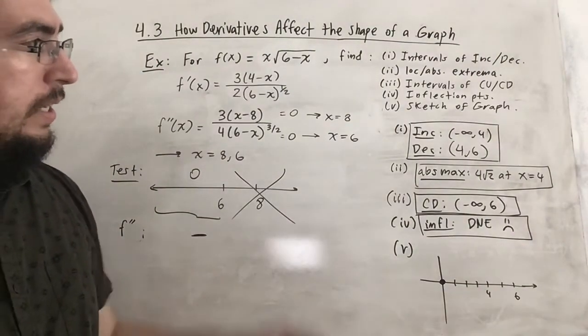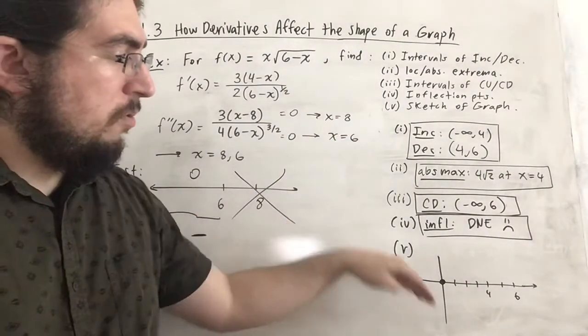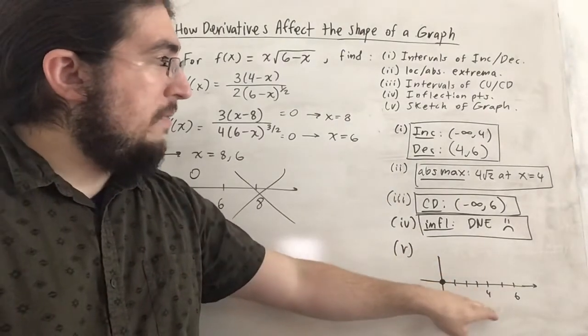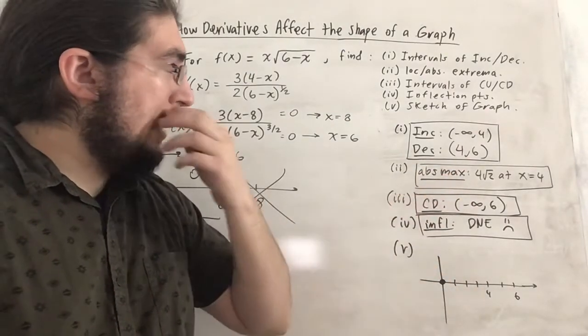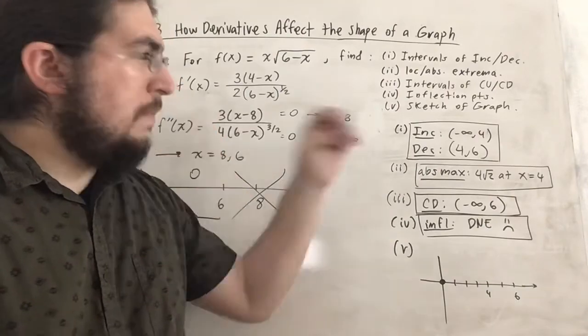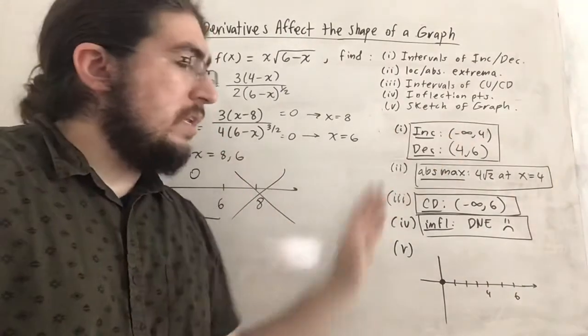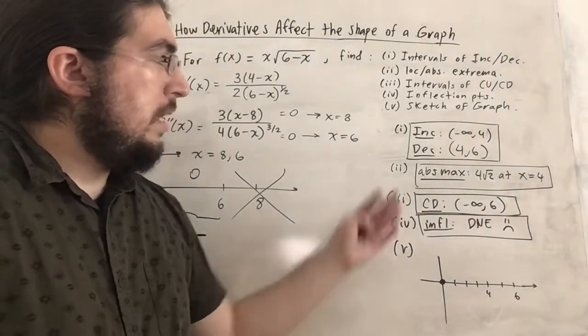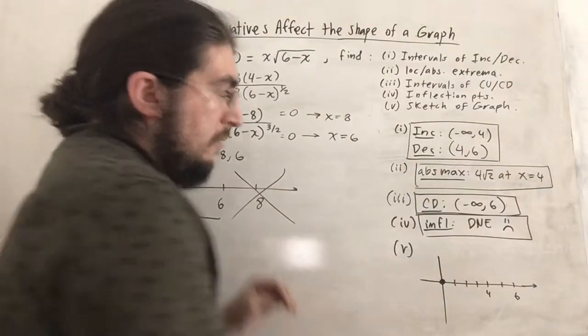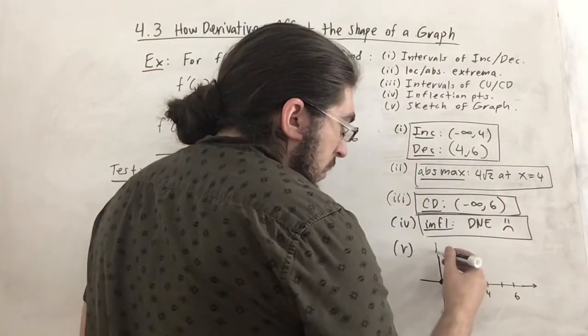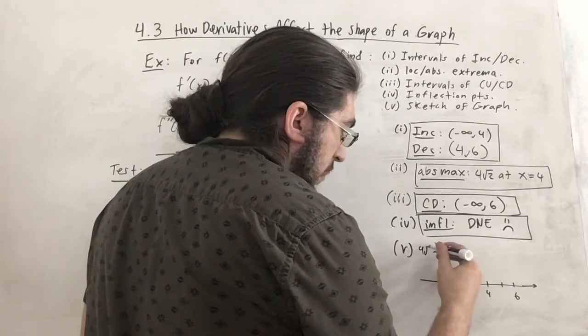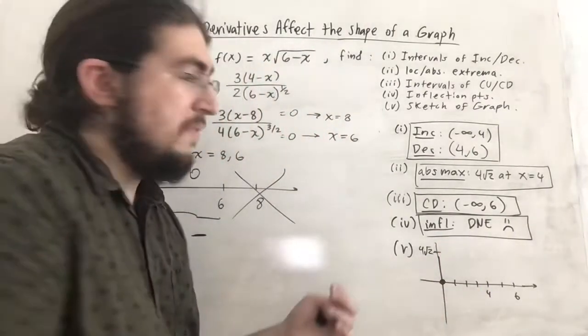So let's see, it's increasing from negative infinity to 4. I'm sorry, it's going up because negative infinity to 4 is an interval of increasing, my mistake. At 4, there is an absolute maximum, and that's at 4 radical 2. So let's say 4 radical 2 is here. I don't know exactly what the number is, but you can approximate that if you want.